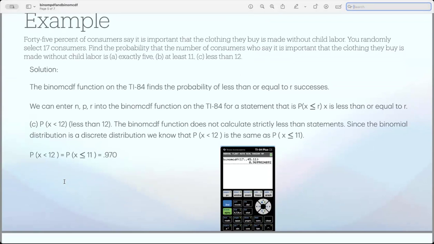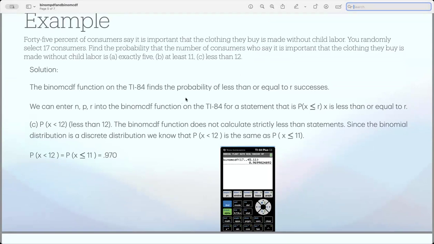The binomial CDF function on the TI-84 finds the probability of less than or equal to r successes. So the binomial CDF function does not calculate strictly less than statements.